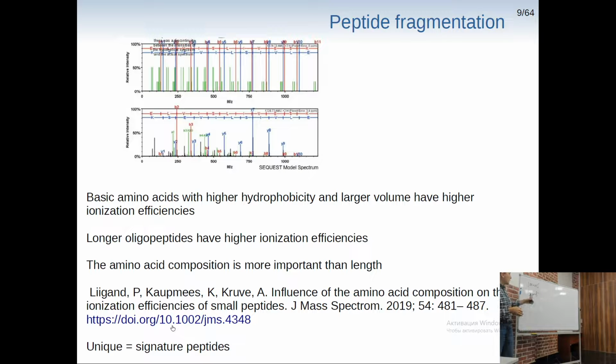If you have a peptide which is singly charged, after some fragmentation only one part of this peptide will have charge and we can detect it, right? If you have a number of charges here, even if it fragmented in some different way, we can actually have more fragments that we can detect.